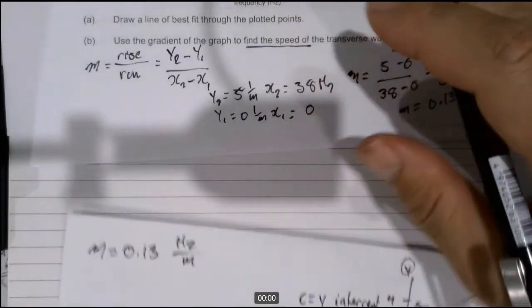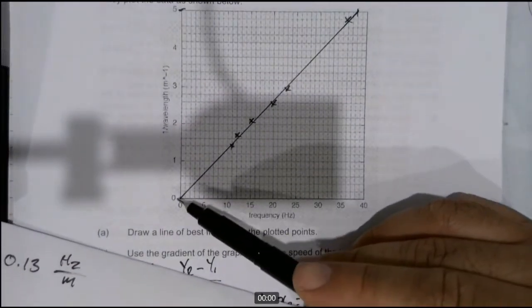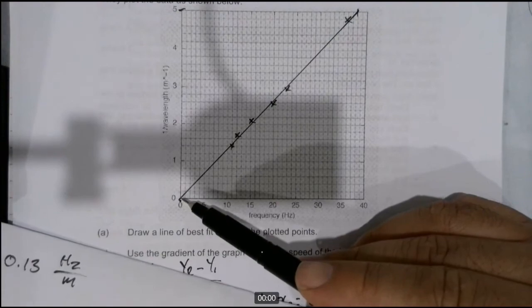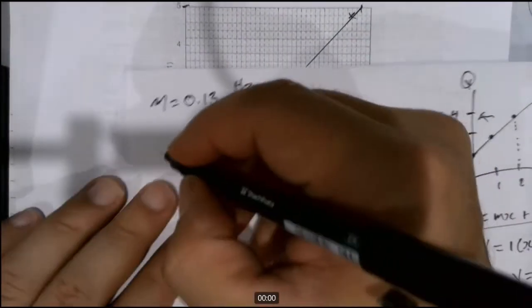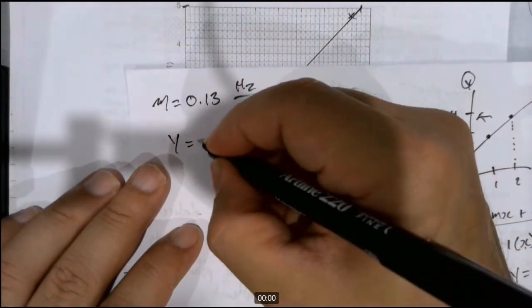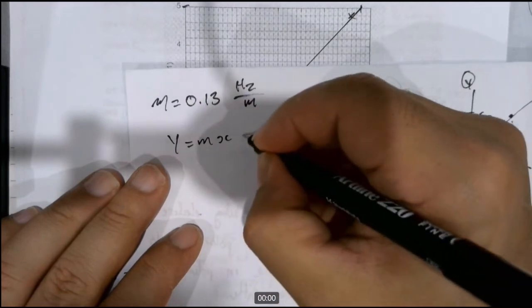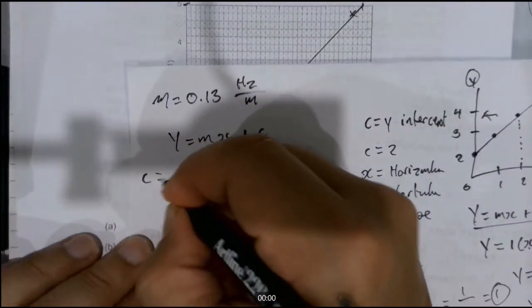But going back to this, we don't have a y-intercept. The y-intercept is equal to 0, right? So let's start setting that up. What's our equivalent y equals mx plus c value? Okay, c is equal to 0.